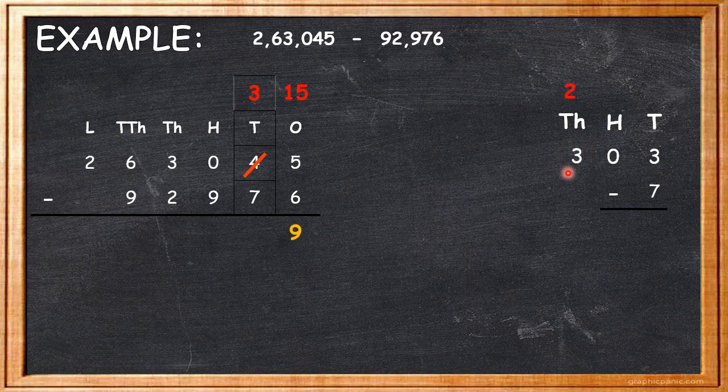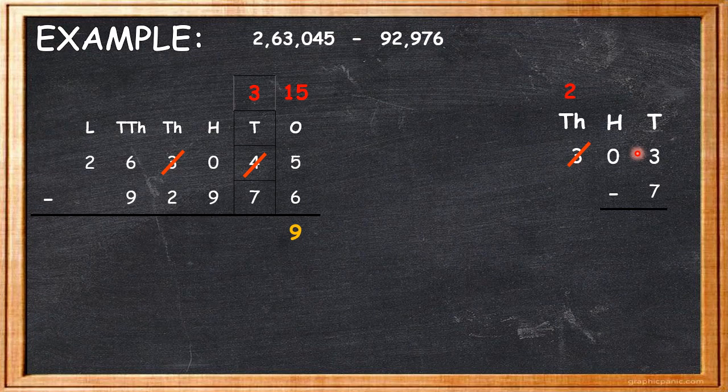So after giving 1000, thousands is left with 2000, and this hundreds house will become what? 1000. But after 1000, now the hundreds house has sufficient help to provide to the tens column. So the hundreds house will be giving 100 to the tens column.